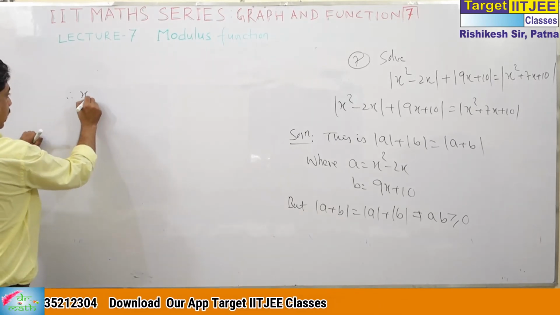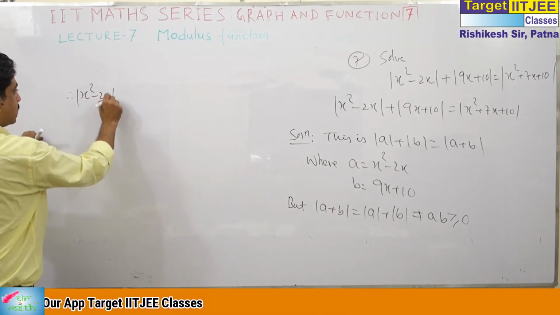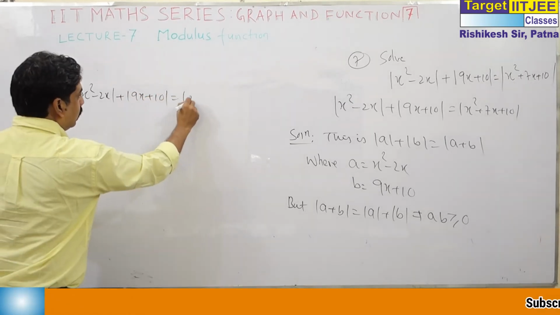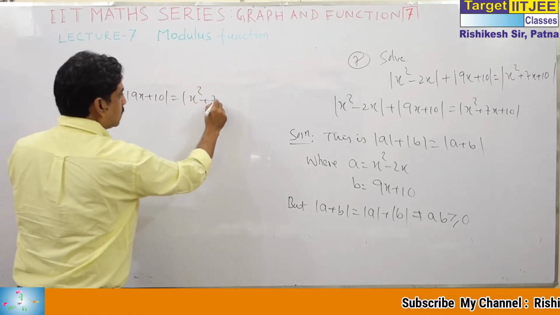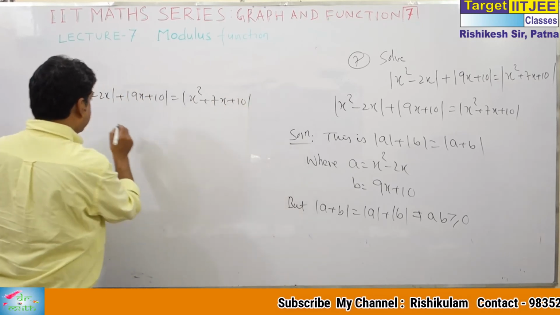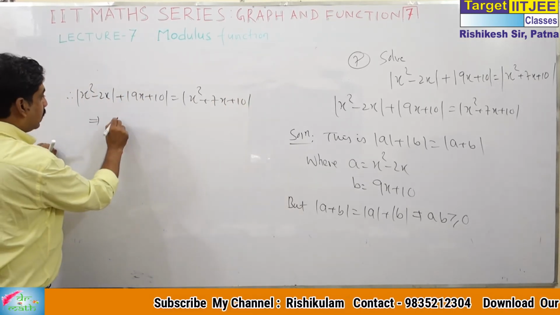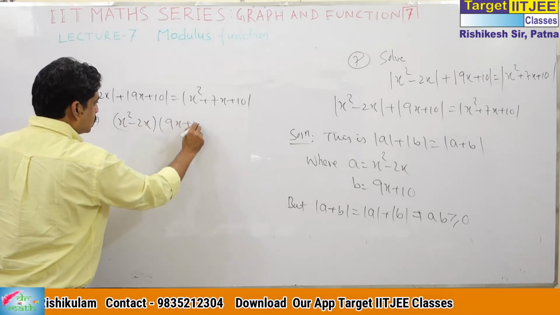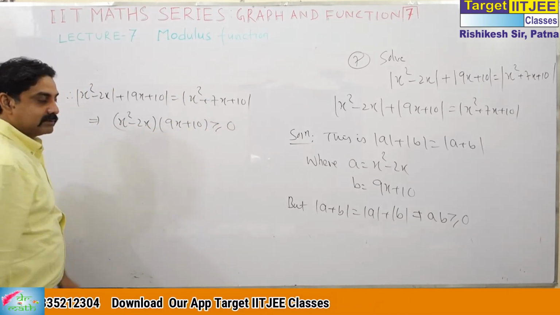Therefore, mod x square minus 2x plus mod 9x plus 10 is equal to this. This implies x square minus 2x into 9x plus 10 is greater than or equal to 0.